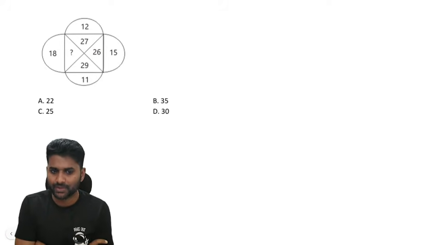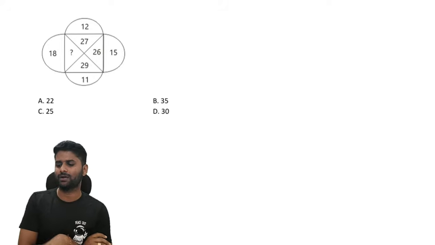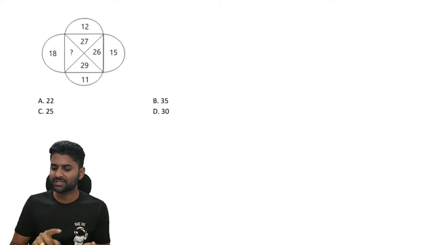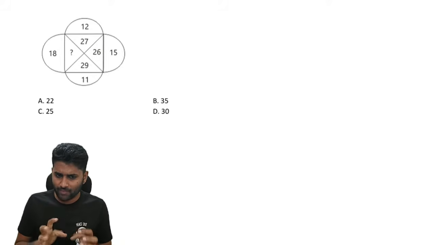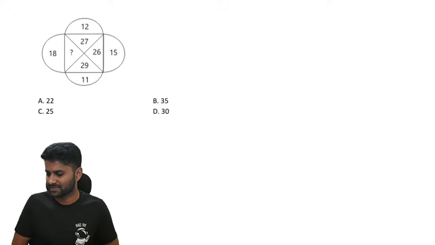So, which number should replace the question mark? See, number puzzle is all about applying mathematical operations. We have addition, subtraction, multiplication, and division, right? So these mathematical operations should be used on these numbers to get the resultant missing number.